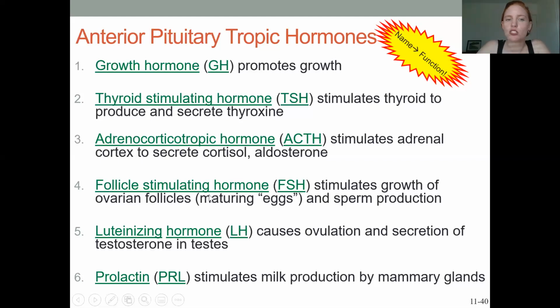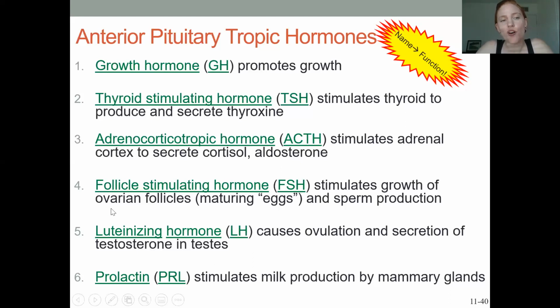Then we have follicle-stimulating hormone. That one, you need a little story behind that. Inside the ovaries, you have these little circular structures that are called follicles, and the eggs, the oocytes, are going to mature inside of the follicles.